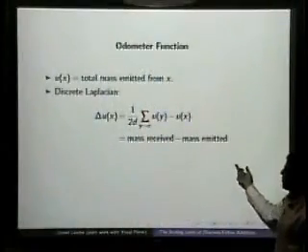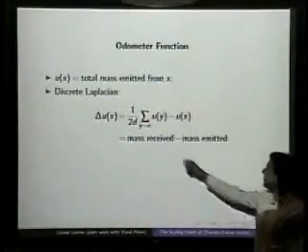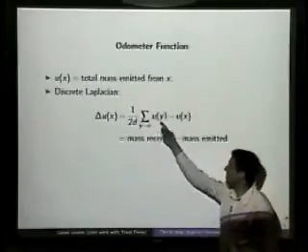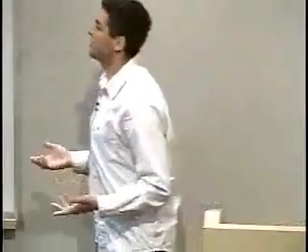Each term here, u of y over 2d: the site y, whenever it gets any mass and sends it to neighbors, it always sends an equal amount to each neighbor. So u of y over 2d is exactly the total amount of mass that y sends to x. So when we sum over the neighbors, we get the total amount of mass that x receives. And u of x, by definition, is the total amount that it emits.